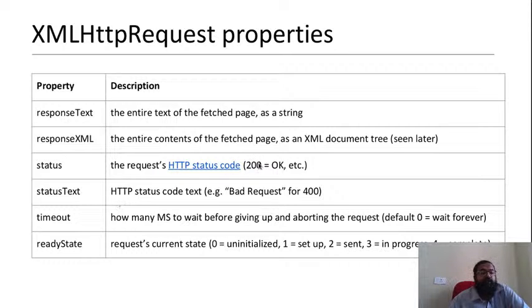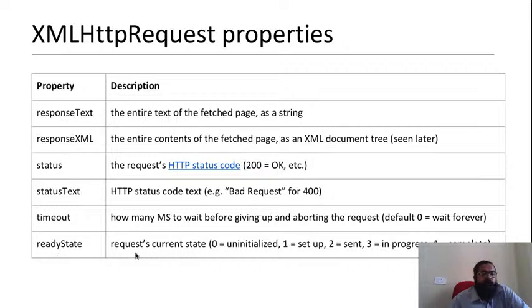With regards to the status code, you will have some status text also. So 200 is okay, and for 400 the status text will be bad request, and the status code will be 400. Then you have timeout, how many milliseconds to wait before giving up and aborting the request. Default is 0, which means you will have to wait forever, there is no timeout.